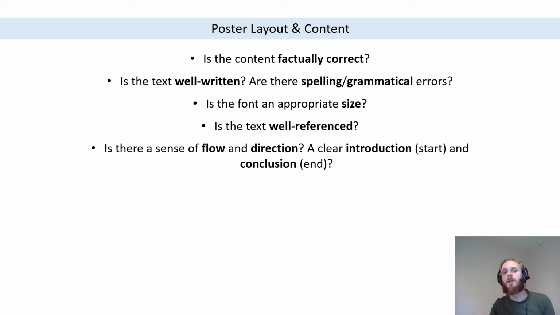The added element when we're thinking about posters is that it's not always clear which bit to read next on a poster. However, it should be. So in an essay, it's pretty clear what to read after the introduction. You just read whatever's next, and then you read all the way through, then you get to the conclusion. With a poster, however, again, it's not always clear which section comes next.